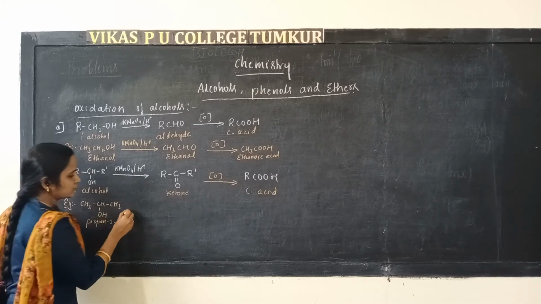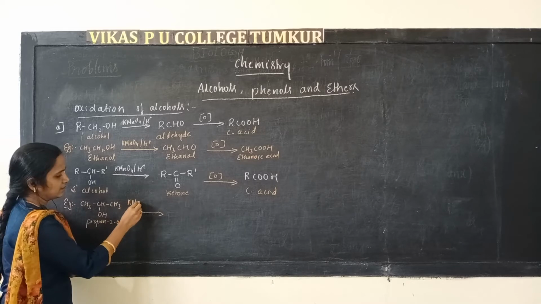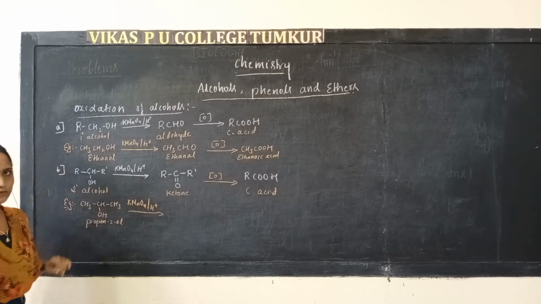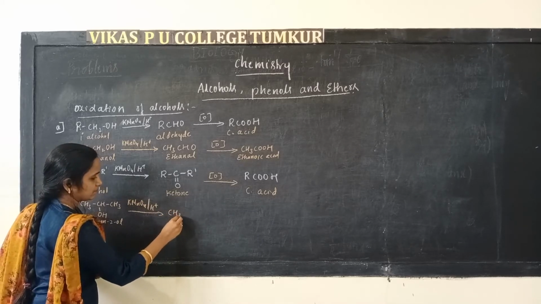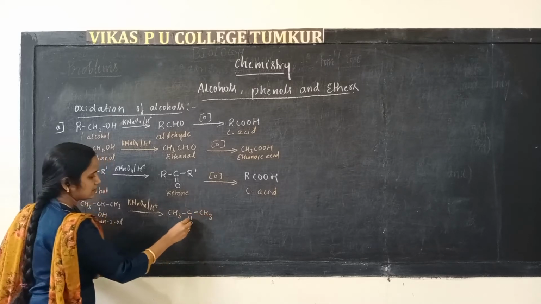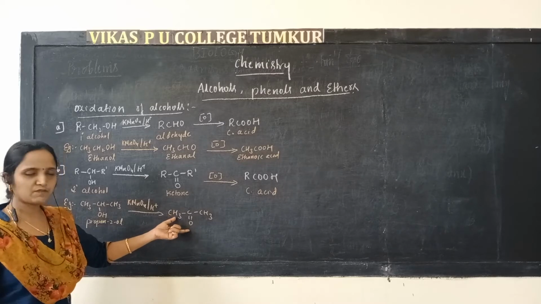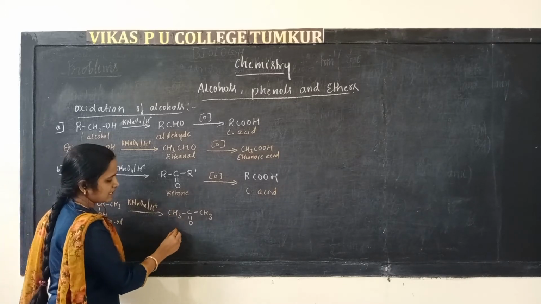This undergoes oxidation in the presence of acidified KMnO4 solution, and we get acetone. The IUPAC name of this compound is propanone, and the common name is acetone.